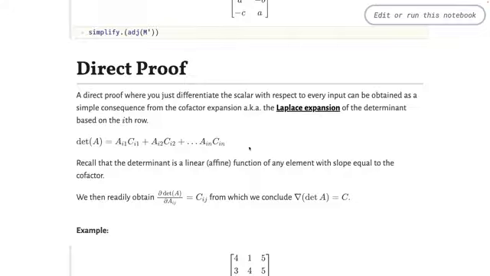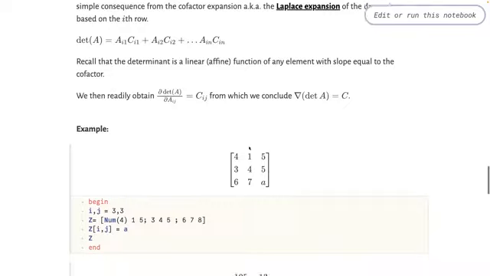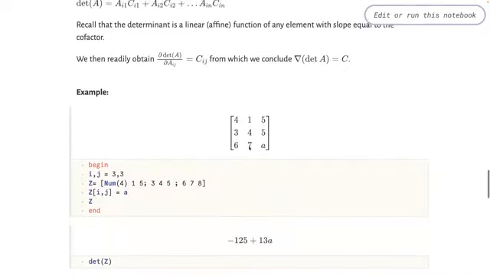And just to make that point very clear, here what I did was I took this matrix and I made this 3 by 3 matrix. You'll see it's almost completely numerical, but I put one symbol in the bottom right. And if you take the determinant, you see that this is a linear or an affine function.